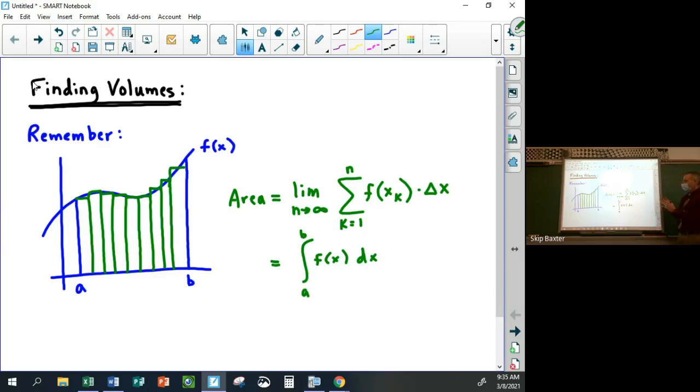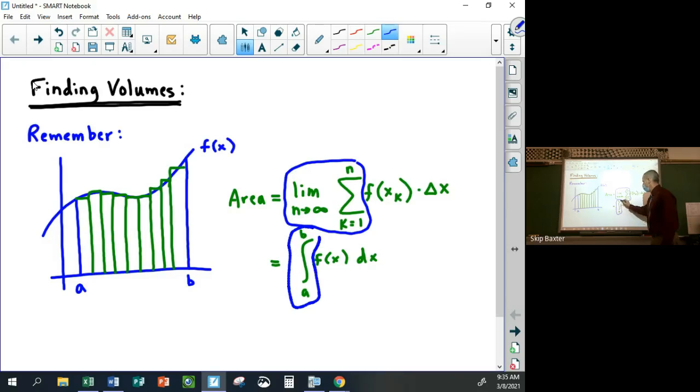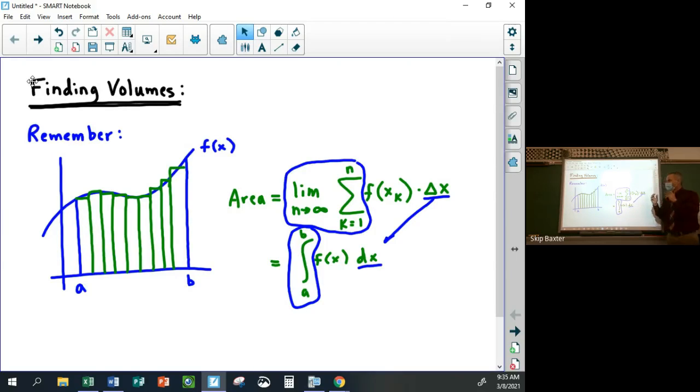So that's how I want you to think of this. This part of it is really like this part of it, okay? The delta x and the dx go together, and f of x and f of x are the same, okay? So it's sort of the same development when you think of how to calculate volumes, okay?